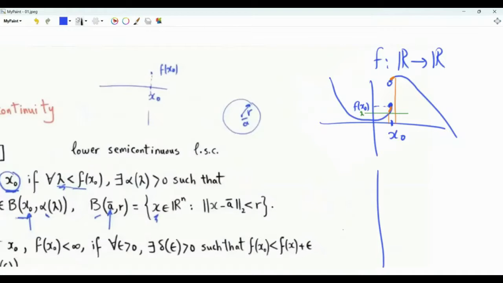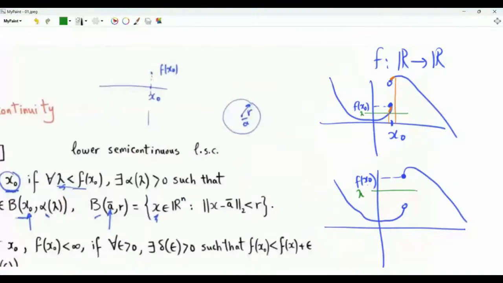To make things clearer, let's actually do a slight modification to this function. So I will take the same function, but rather than making this value f of x0, I will take this upper value to be f of x0. So this is our function now, just this change at x0. Now, is this function lower semi-continuous? If we choose lambda here, so this is a valid value of lambda, it is less than f of x0. But is there a neighborhood of x0 at which f of x is greater than lambda?